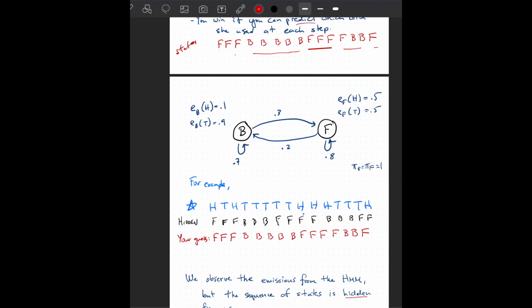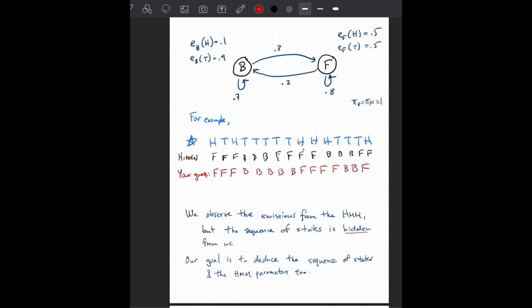So it's like this. Here's the hidden Markov model that underlies what the dealer was doing. Here, B means that she's using the biased coin, and fair means that she's using the fair coin. The emission probabilities in the fair coin are 50-50 for heads, tails, and here it's 90% for tails, biased. Now, she may have also switched between coins probabilistically.